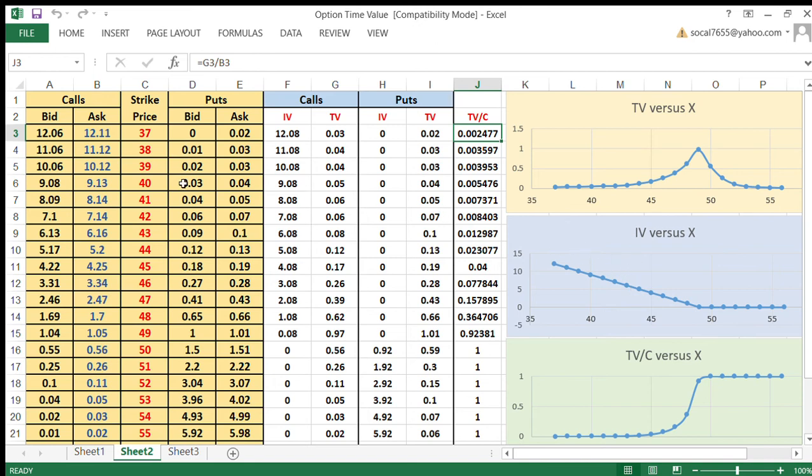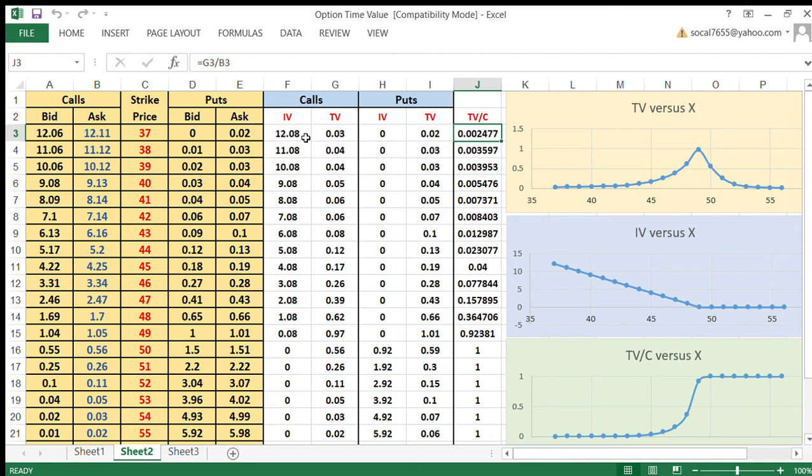Again, we observed that deep in the money options have very little time value, as is the case for options that are way out of the money. They have very little time value, but for very different reasons. The deep in the money calls are high delta securities, and they behave almost as if they're shares of stock.